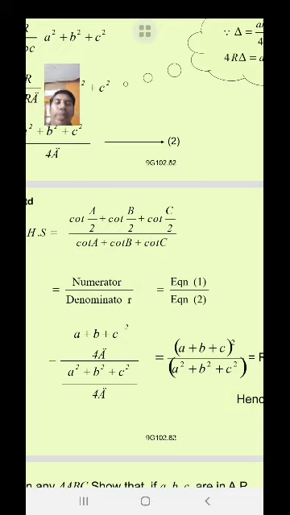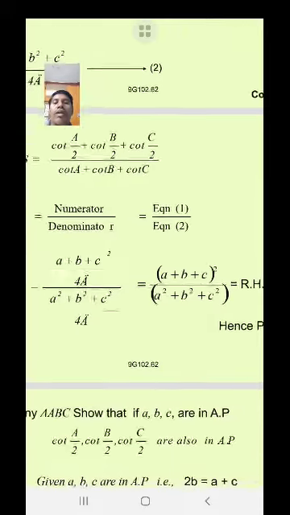The numerator we have already solved from equation 1: (a + b + c)²/4Δ, and the denominator can be replaced with (a² + b² + c²)/4Δ from equation 2.